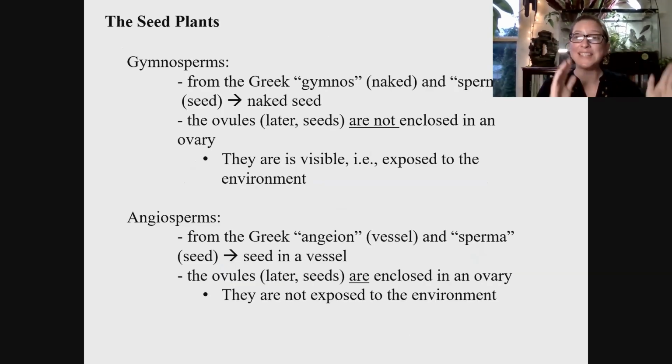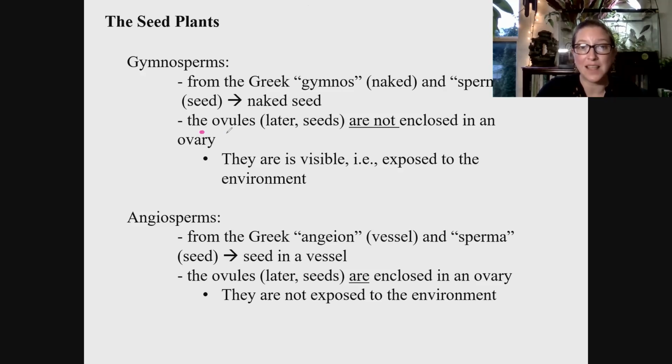As I said, flowering plants are called angiosperms. Before we can learn about the gymnosperms, we have to get a couple of terms down. Gymnosperm comes from naked sperm, which in the case of the Greek, sperm refers to seed. So the word gymnosperm means naked seed. What does that mean?